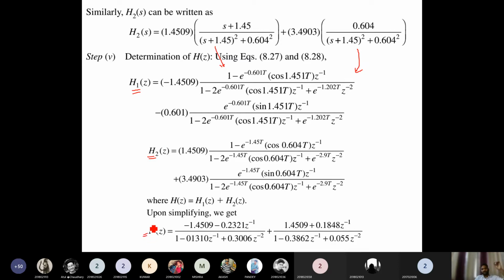So this is how we can convert a given specification to an analog filter, and once we have converted it into an analog filter, we can convert it into a digital filter by the particular method that is given in the question. So this is one of the methods that we can use for converting analog filters to a digital filter.